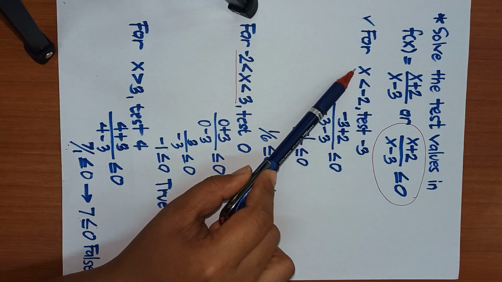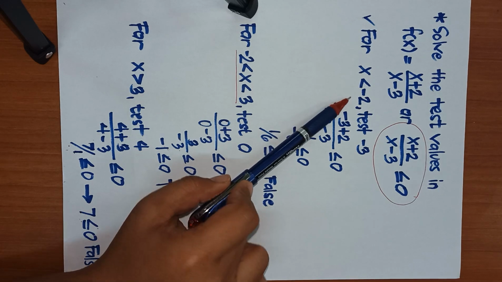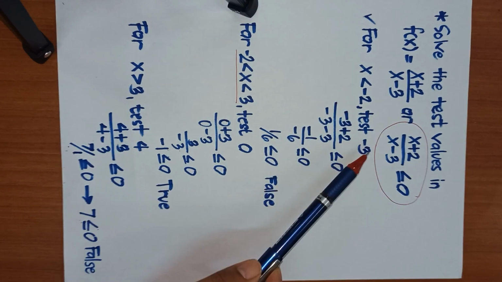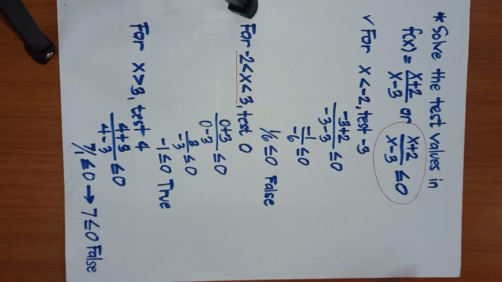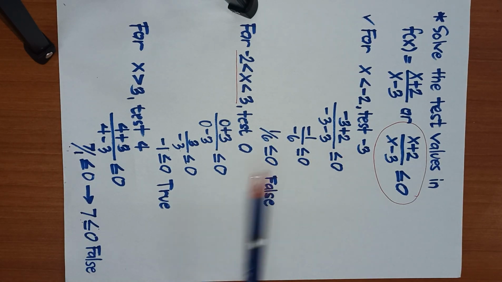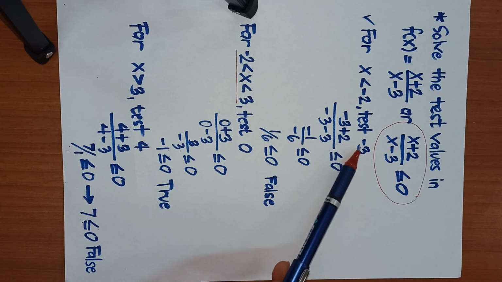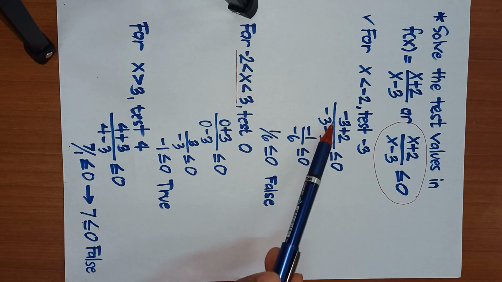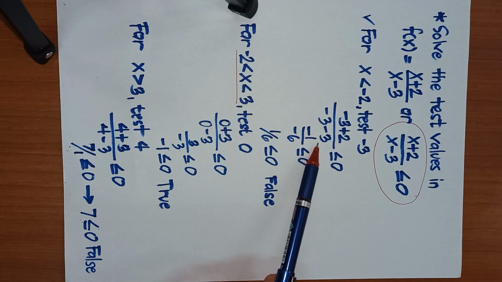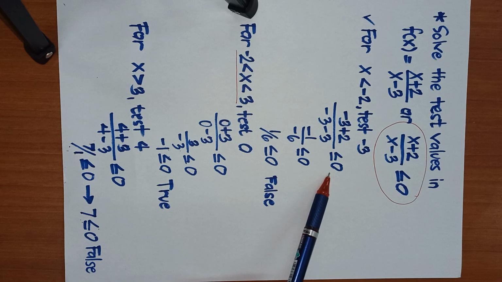For the first interval, which is x < -2, I'm going to test -3. I can use -4 and below, but I prefer to use -3 since it's easier to solve. So using the inequality, I'll substitute -3 for x. I get (-3 + 2)/(-3 - 3) ≤ 0.